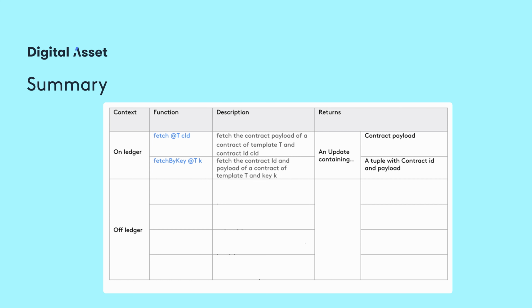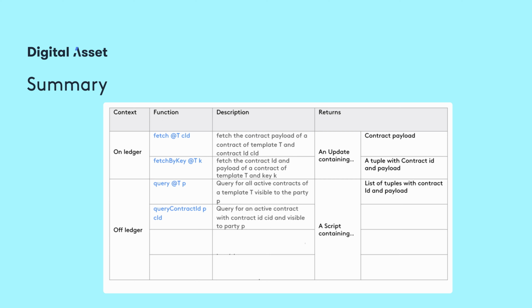First, we queried for all active contracts that are visible to party P, which returns a list of tuples with the contract ID and payload. Second, QueryContractId, which takes a party P and a contract ID, and if there is an active contract with the ID visible to the party P, then it returns the contract's payload.